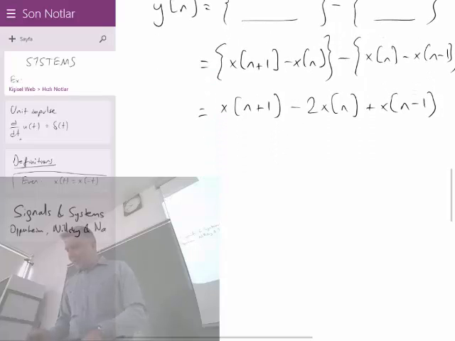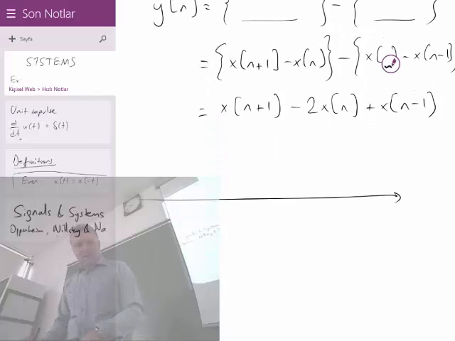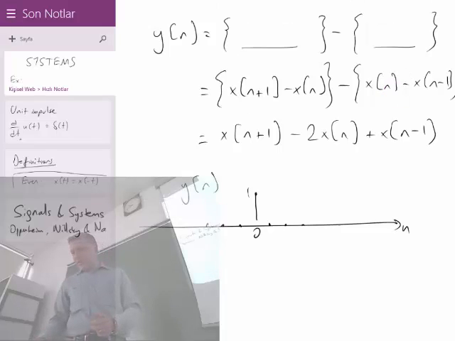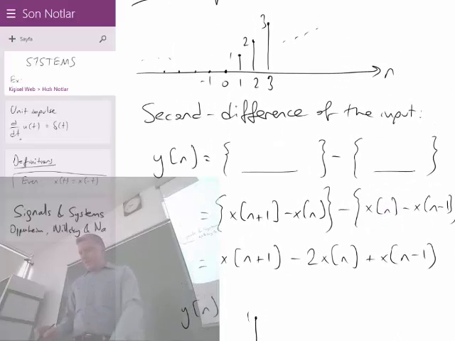And when you plot y of n, at 0 it will be 1, and at all other points it will be zeros. Just try it by substituting numbers. At n equal to 0, it will be 1 minus 2 times 0 plus 0, which will be 1.